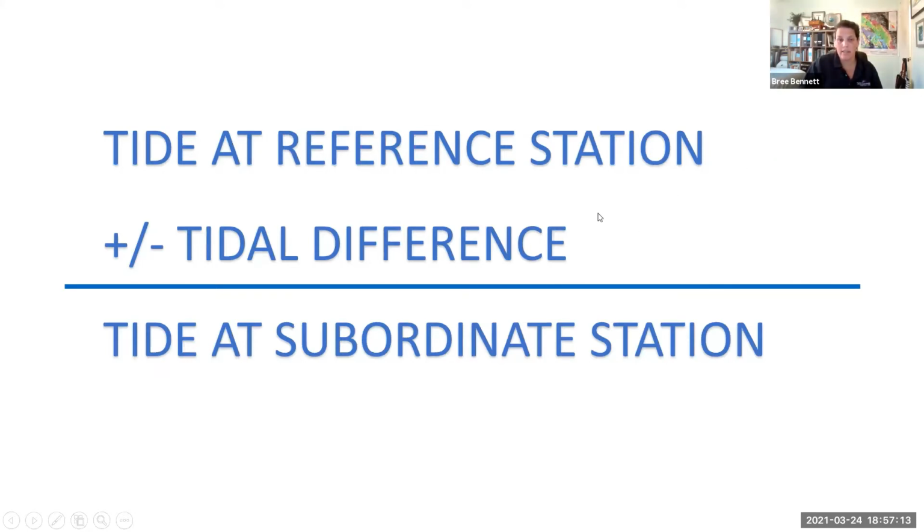I don't know, I'm making this up. Then I see what it's going to be at my reference station. I apply my differences so that I can get what my tide's going to be at my subordinate station. And then I could go into table 3 if I want to.